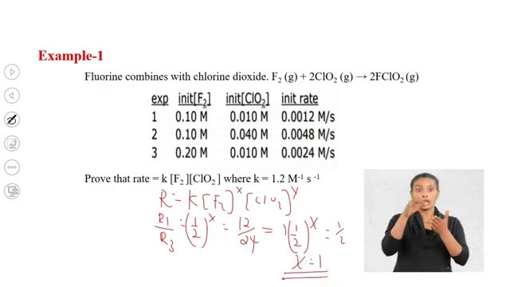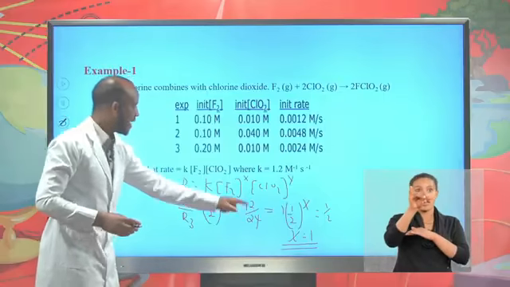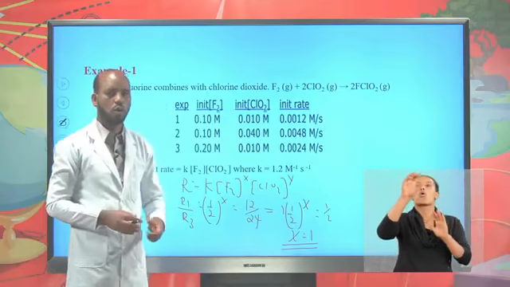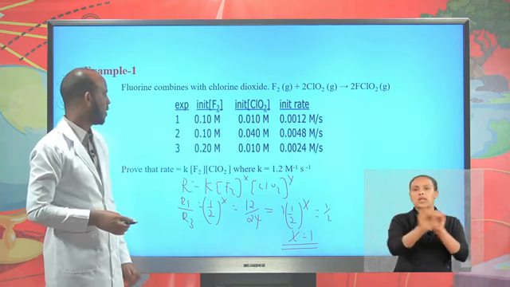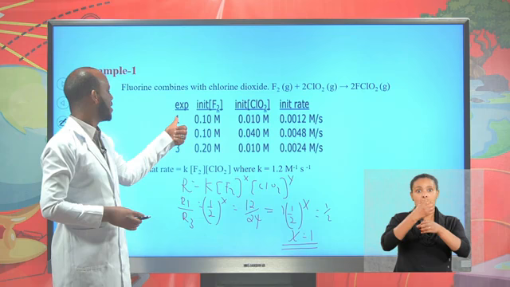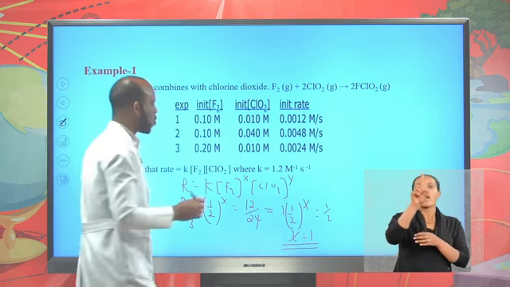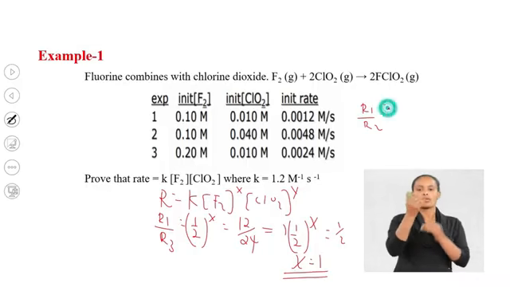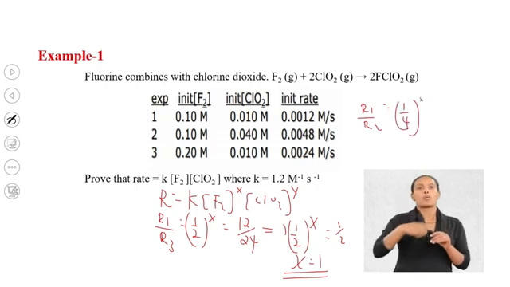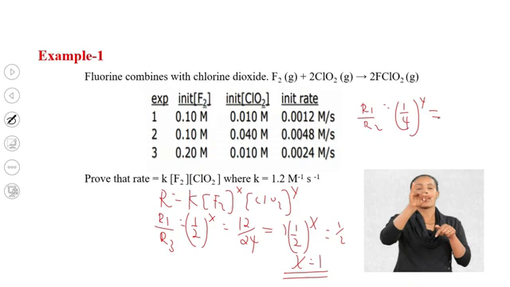To get the value of Y, vary the concentration of ClO2 while keeping the concentration of F2 constant. If you take rate 1 and rate 2, R1 divided by R2 equals 1 over 4 to the power Y, which equals rate 1 over rate 2, 12 divided by 48.